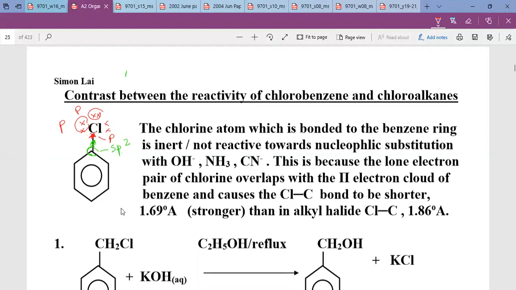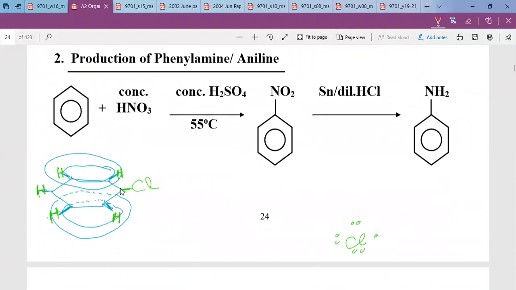Now, what happens is that the chlorine here has a p orbital up here and down here, 2 electrons.